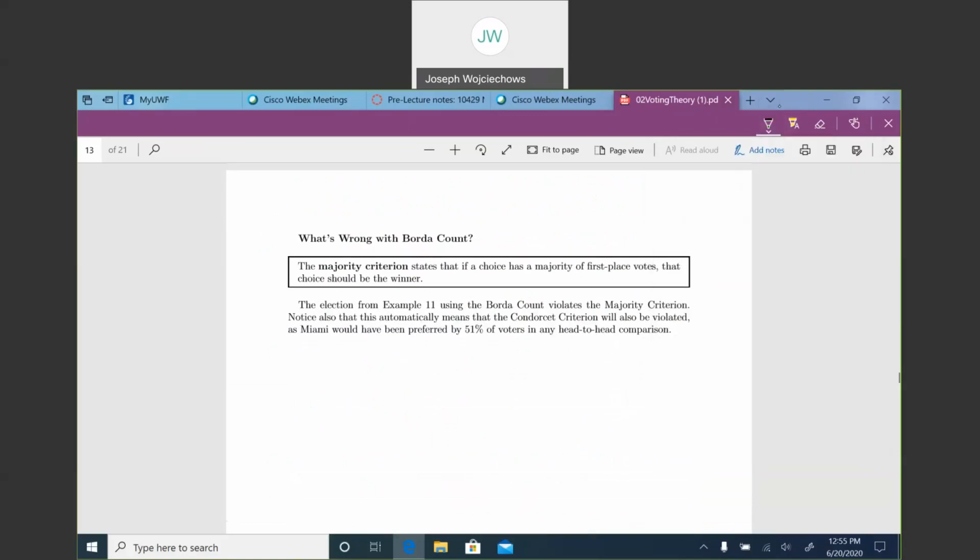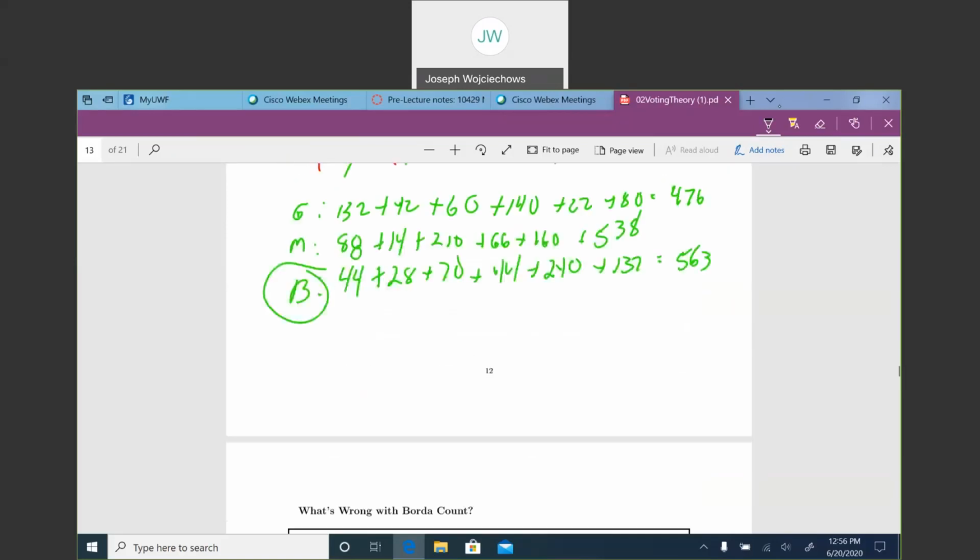The majority criterion states that if a choice has a majority of first place votes, that choice should be the winner. So the election from example 11 using Borda count violates this criterion. Notice also that this automatically means that the Condorcet criterion will also be violated, as Miami would have been preferred by 51% of the voters in any head-to-head comparison.